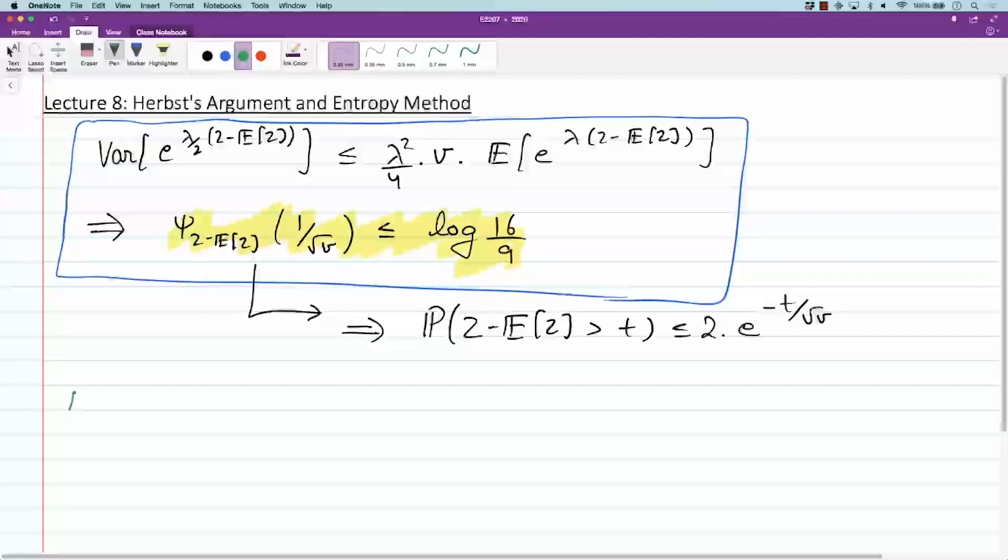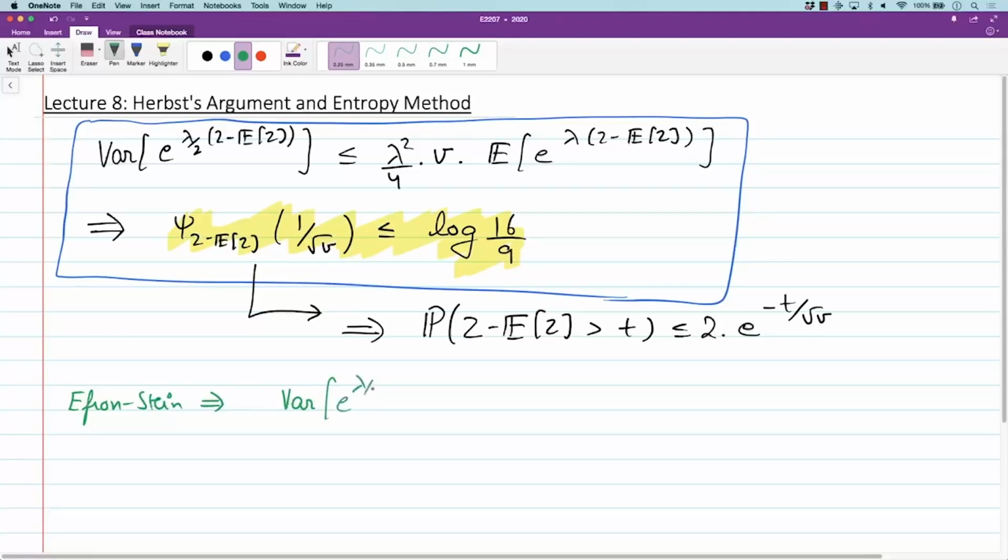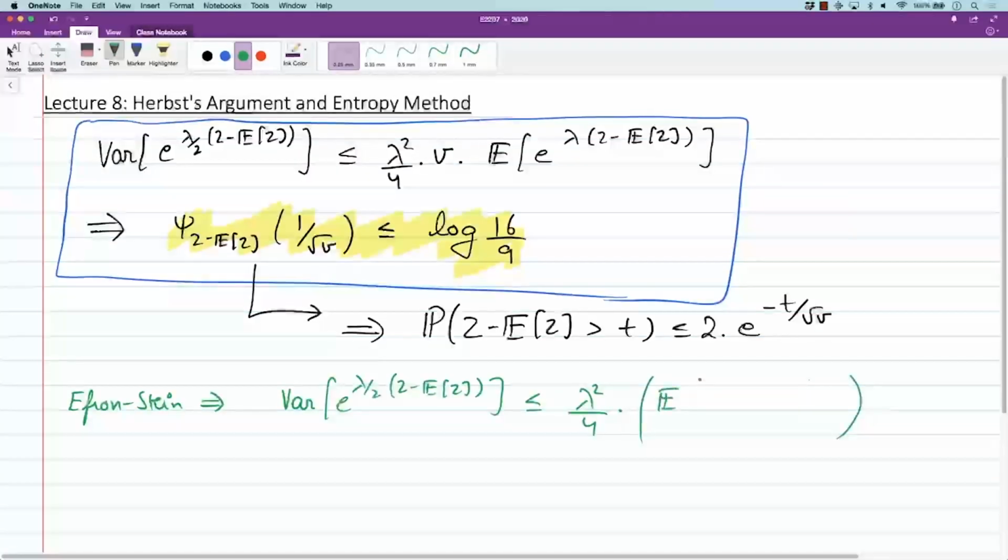So we have Efron-Stein implies the variance of e to the power lambda by 2 Z minus EZ is less than or equal to lambda square by 4 times what we were looking for, the constant v, summation i equal to 1 to n.